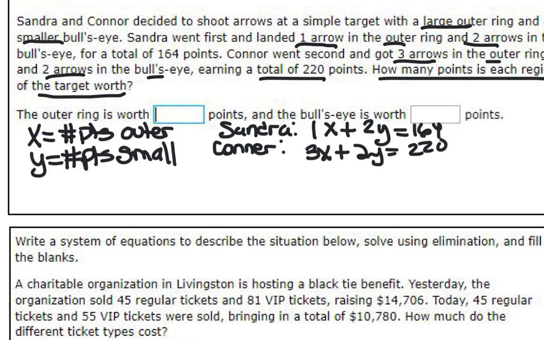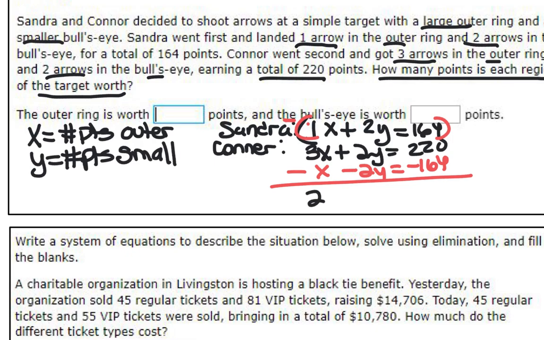Okay, so I've got the same integer 2 for y, but they're both positive. So we're going to multiply one of these by negative. And multiply Sandra. We're going to get negative x minus 2y equals negative 164.